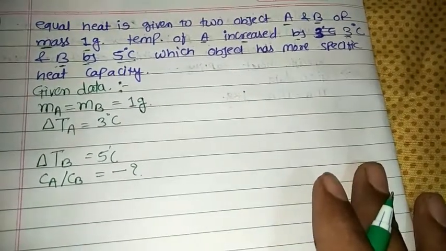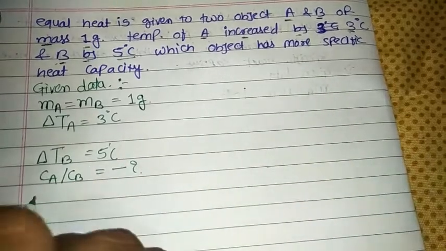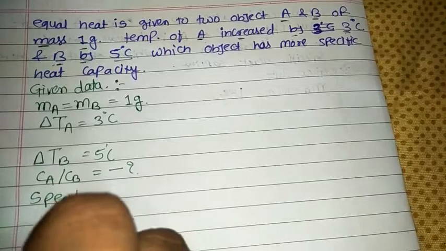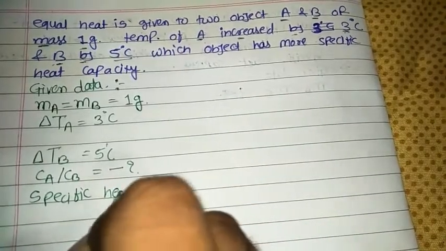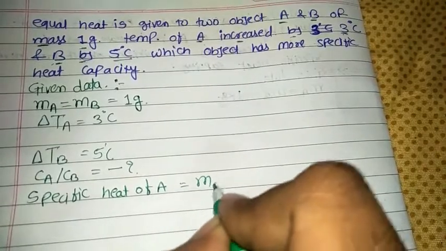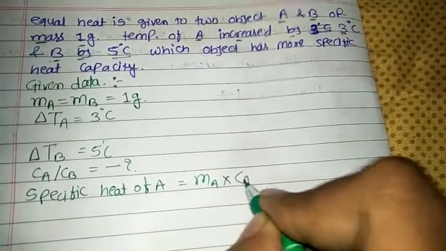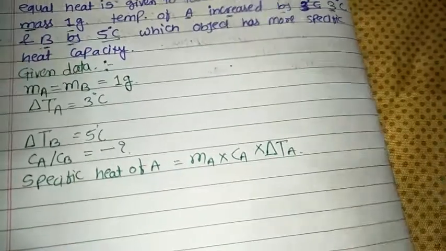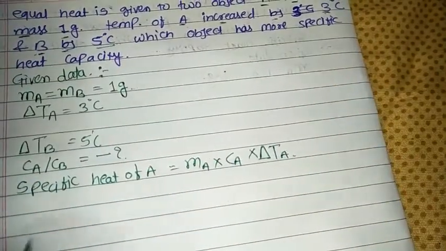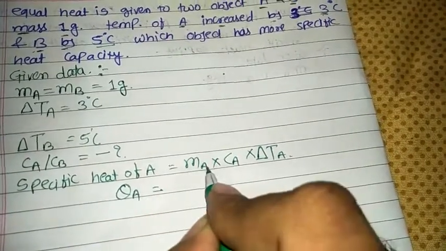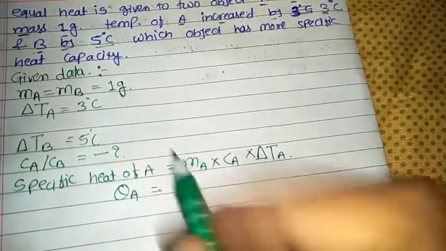Now the heat of A: QA is equal to mass of A into specific heat capacity of A into temperature change of system A. Same as we have taken for QA, mass is given, here you can see the mass, that is 1.